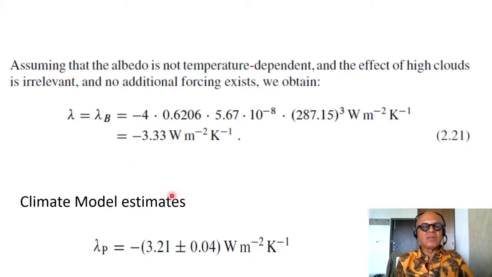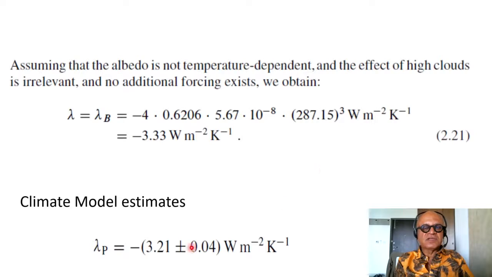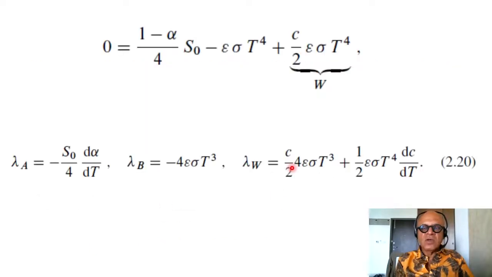So you can say models are doing a good job, and remember, models also have to do all this part. So obviously the difference can be related to these things or the model deficiency as a whole.